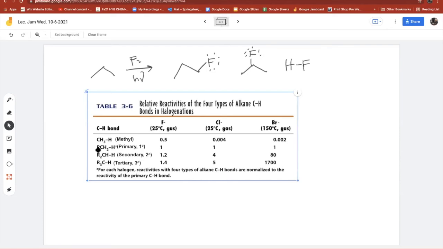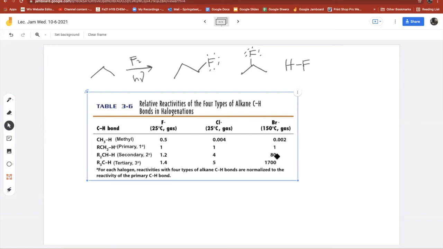So we used primary carbon hydrogens as our reference. So we say fluorine reacts with the primary carbon to make a radical at a rate of 1, chlorine at 1, bromine at 1. And then when we go to a secondary carbon hydrogen bond, the fluorine reacts 1.2 times faster than it does with the primary.